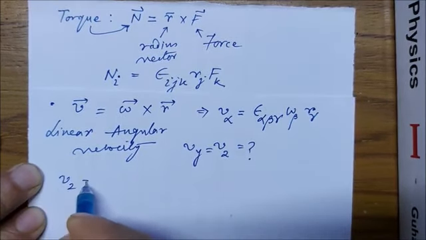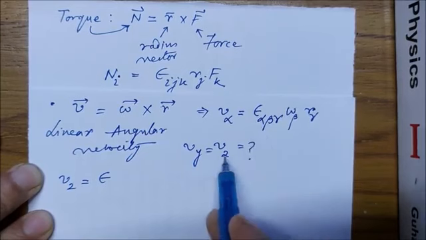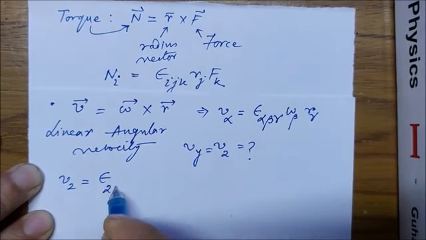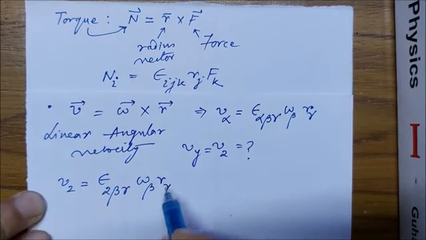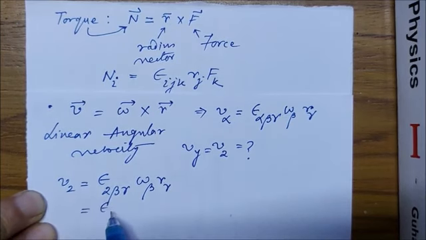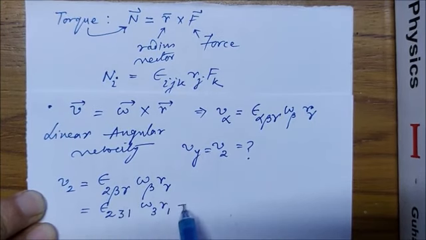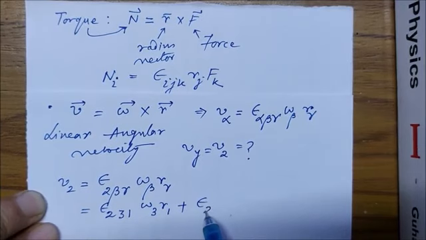So V2 will be alpha is 2, omega beta or gamma. So we can expand it. So it will be 2, 3, 1, and the other option is 2, 1, 3.